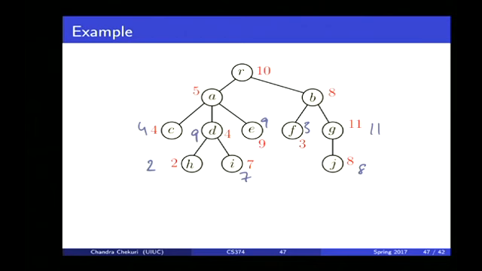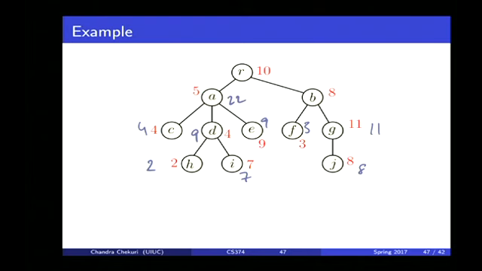It's either the sum of the values at my children, which is 4 plus 9 plus 9, that is 22, or I include myself, which is 5 plus the values at my grandchildren, 5 plus 2 plus 7. Which is better? 22. So I put 22 there.